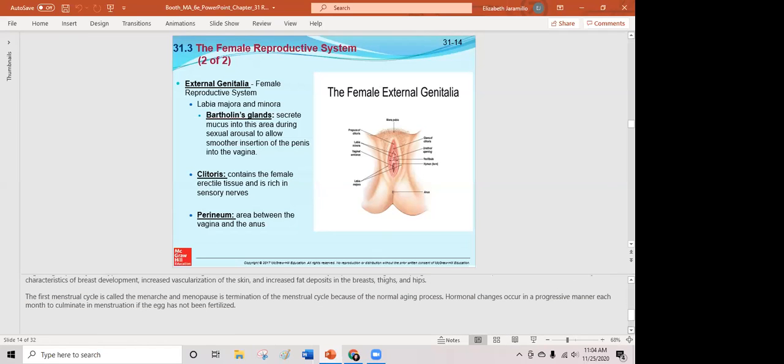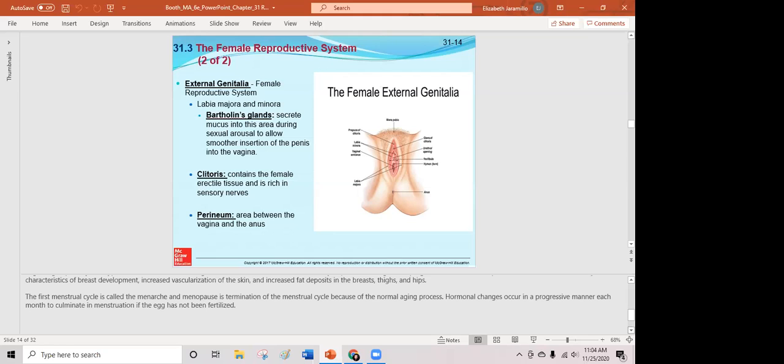The first menstrual cycle is called the menarche, that's your first period for a girl. And menopause is the termination of the menstrual cycle because of the normal aging process. It stops. The biological clock is ticking, because it does stop.